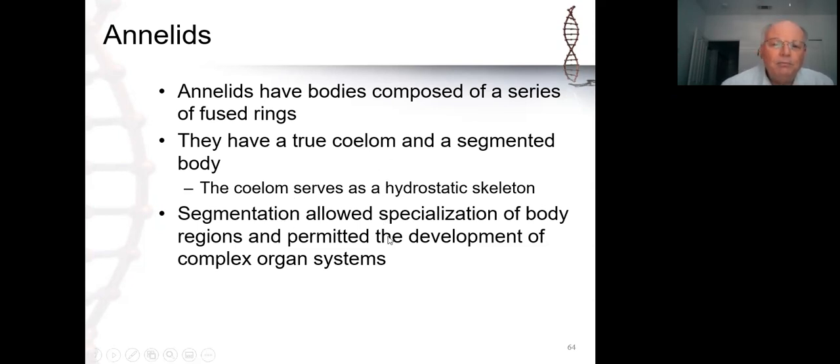The body is divided up into a sequence of segments, and the organs in each segment are repeated from segment to segment, although there are in some of the anterior segments specialized organs, and also in the middle region of many annelids, there are again some specialized organs for reproductive purposes located in a region called the clitellum. But basically, the organs that show up in one segment are repeated in all of the segments down the body of the worm.